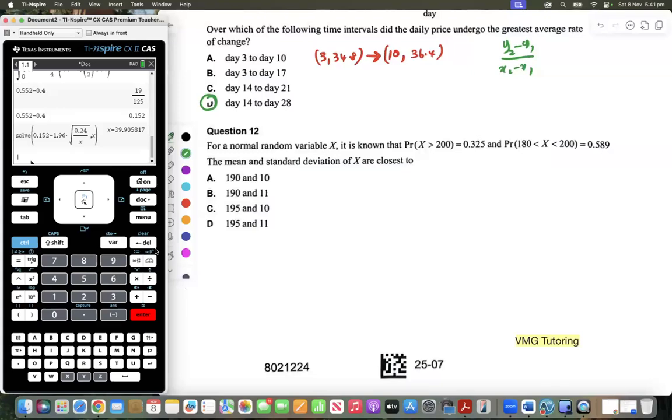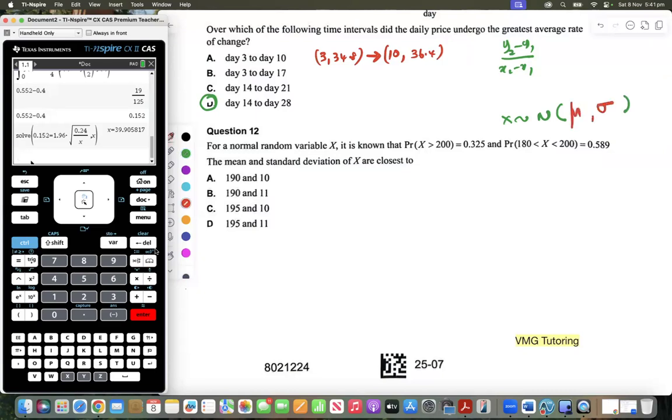The normal random variable X is known that X is greater than 200 is this number. Okay. So this distribution is normally distributed. I don't know the mu value.